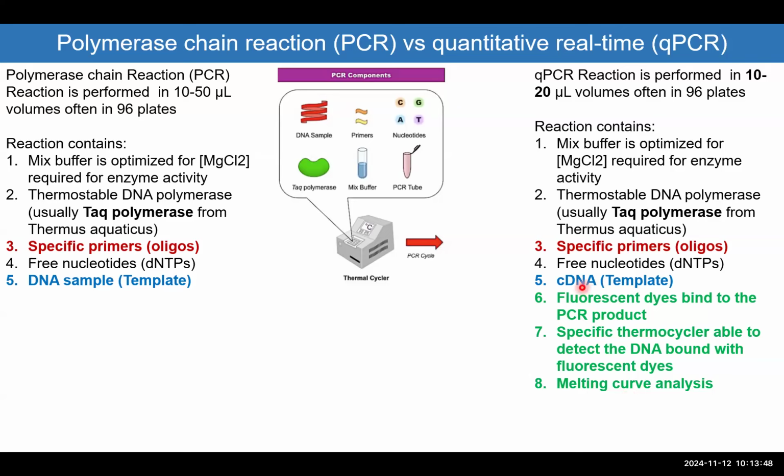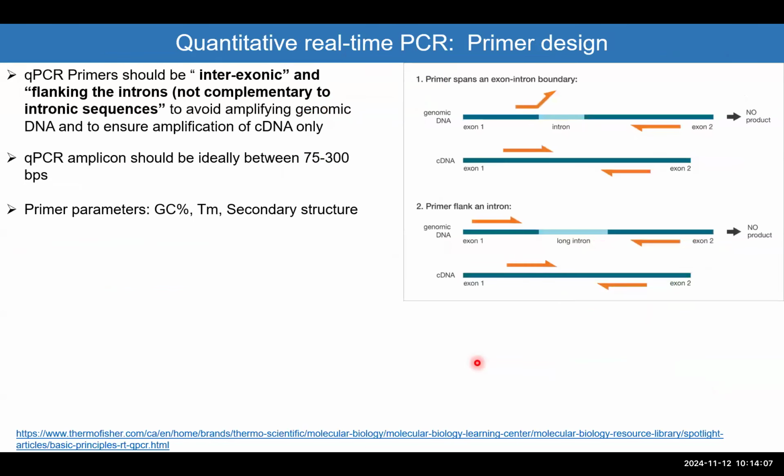Then you have to take into consideration that in order to detect your qPCR, you need factors like a thermocycler that can read the fluorescence and make sure that you are looking at the melting curves to know if your primer works or not. So I'm not going to go into details on this. There are some slides there.